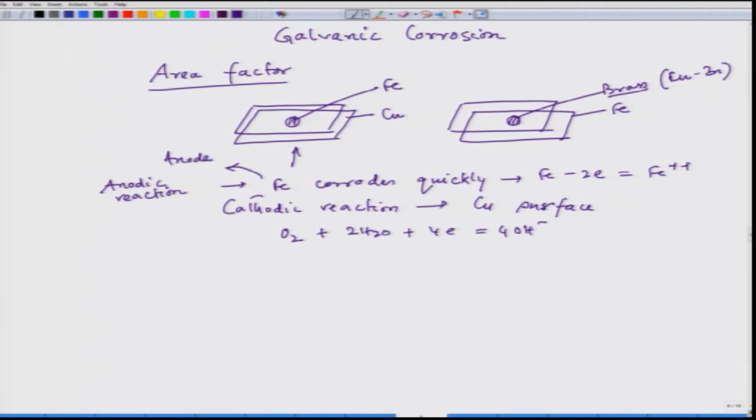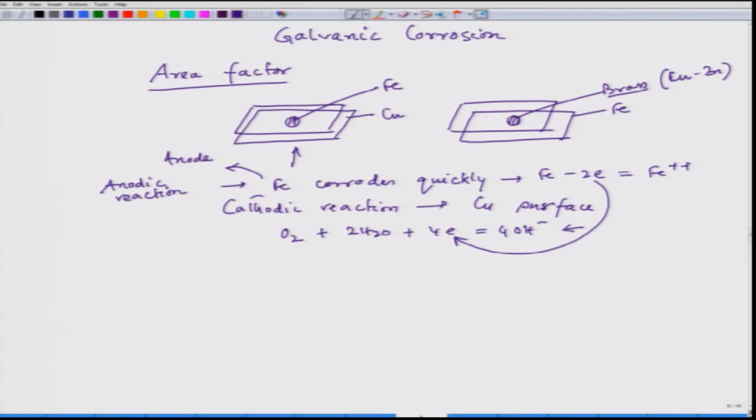Now, consider the number of cathodic reactions taking place on the copper surface, since the copper surface has a huge area compared to the iron rivet surface. The total number of cathodic reactions on the copper surface would be very large, and in order to supply the electrons for these cathodic reactions, iron has to dissolve quickly, because the electrons are supplied from the anodic reaction.